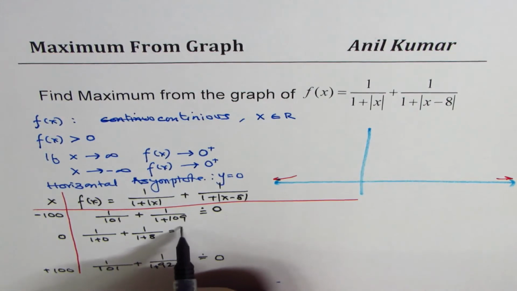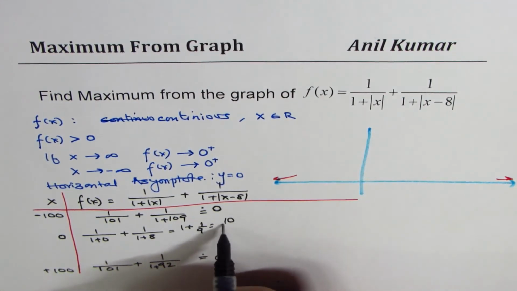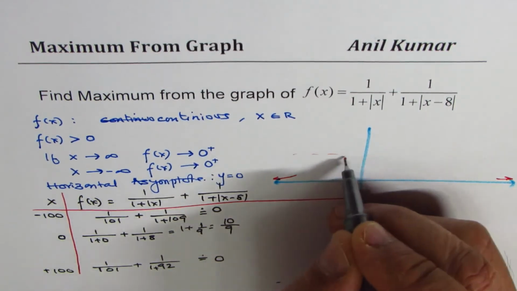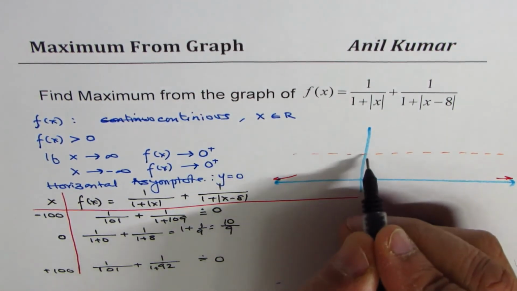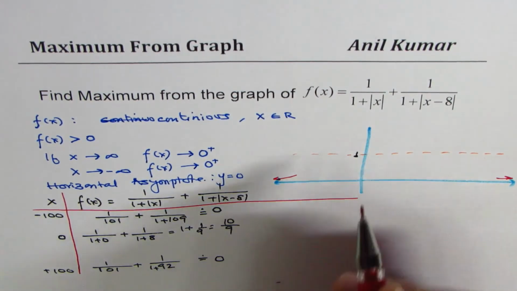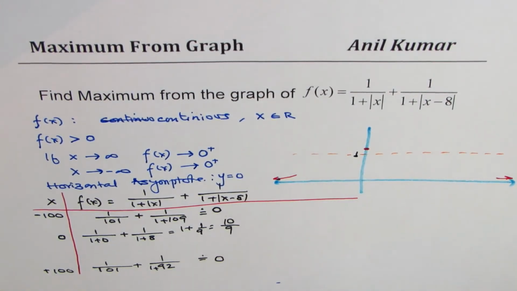Which is 1 plus 1 over 9, or 10 over 9. Slightly more than 1, correct? Okay, so let us say we have this line for 1. Then slightly more than 1 will mean the point is somewhere here. We are making a very rough estimate. Okay.